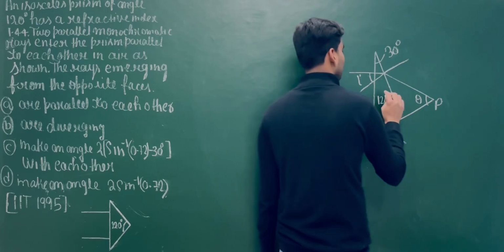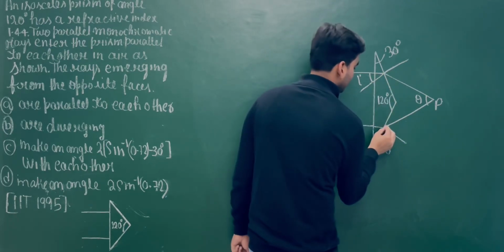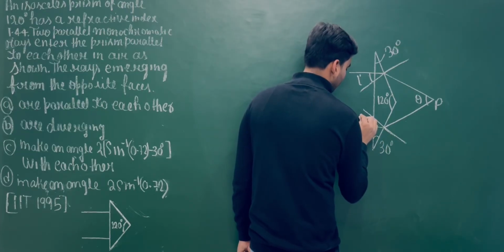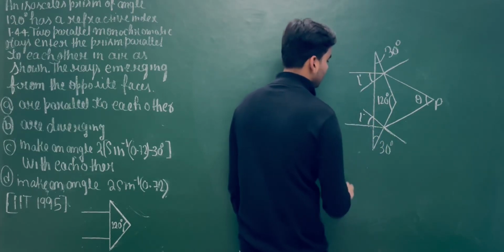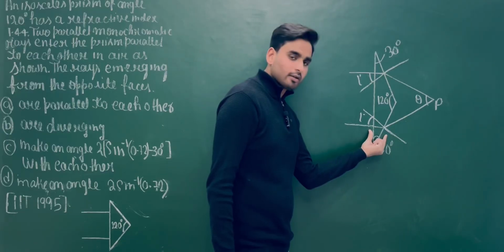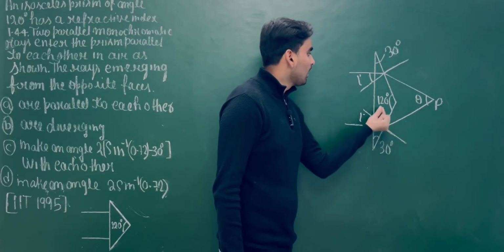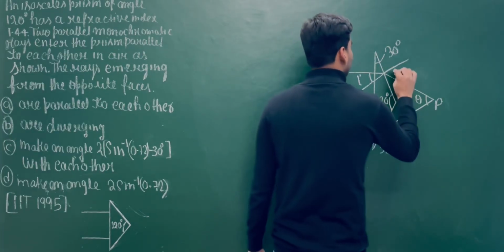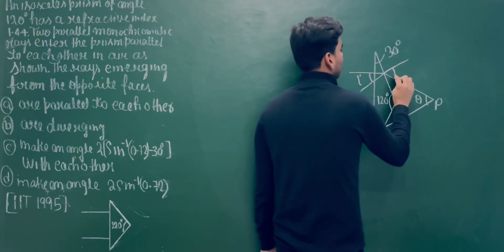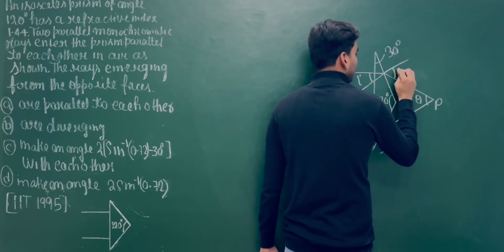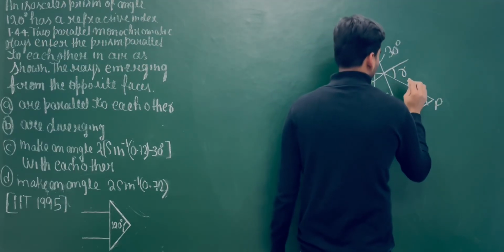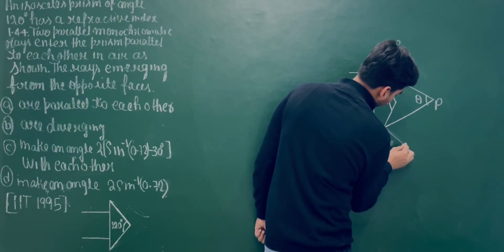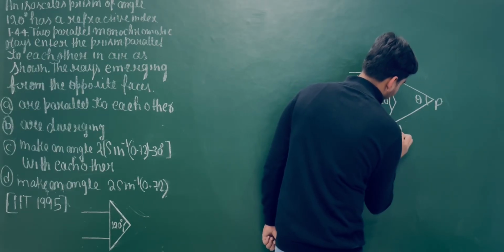This angle is I. This will also be I because both rays hit this isosceles prism. Suppose this ray is refracted with an angle I and this also is refracted at an angle R.